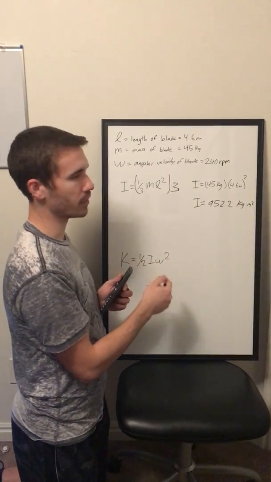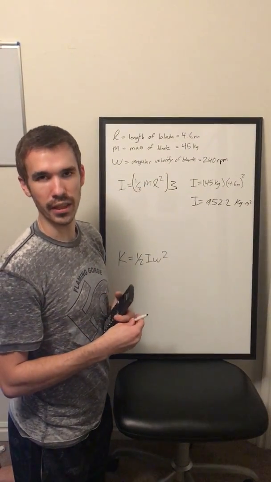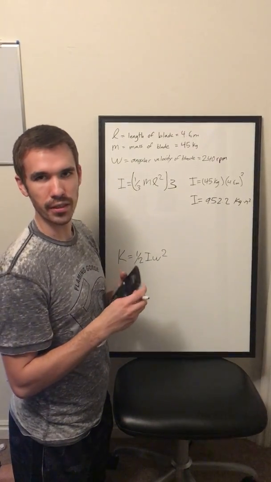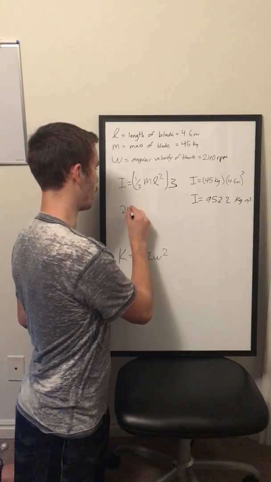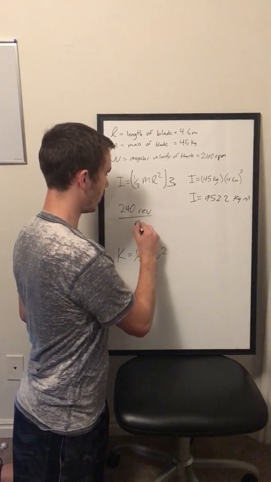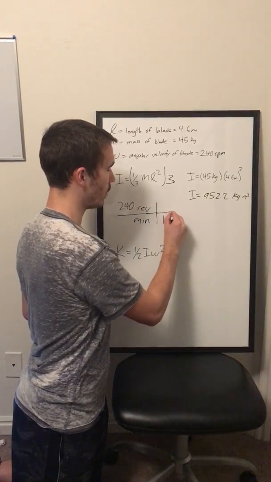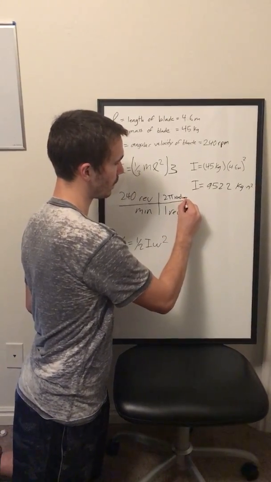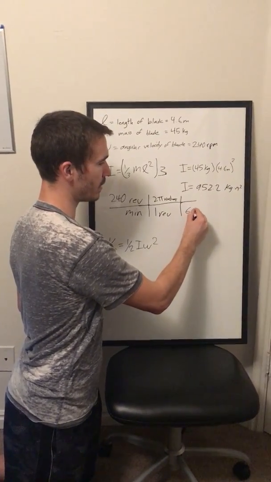But to do this final equation as well, we need to get our angular velocity in seconds in order to get the units that we need. And we're provided with revolutions per minute, and so we need to convert it to radians per second. So to do that, we take our revolutions, which was 240 revolutions per minute, and for every 1 revolution we get 2 pi radians, and for every minute we have 60 seconds.